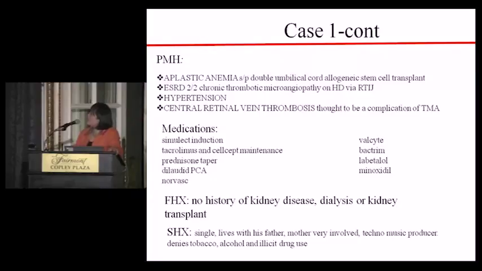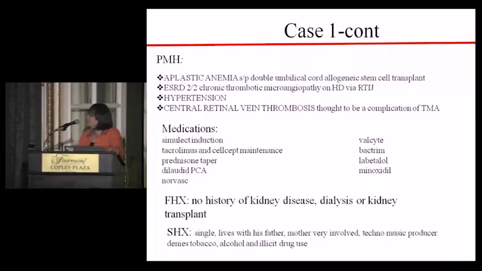Physical exam significant for low-grade temperature. Blood pressure is okay. He's tachycardic. Urine output is not so great. A little bit volume overloaded with elevated JVP and extremity edema. Okay.